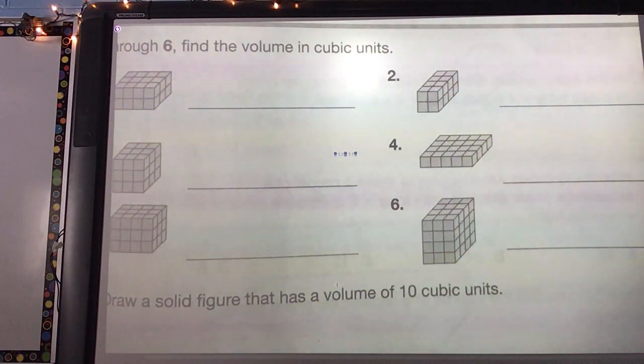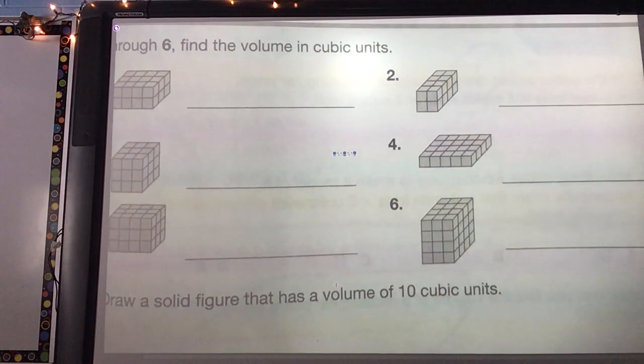Good, 27. And our label for all 6 of these problems is going to be what? Not just units. What kind of units? Not square units. 3D units. Cubic units, just like that vocab word, cubic.